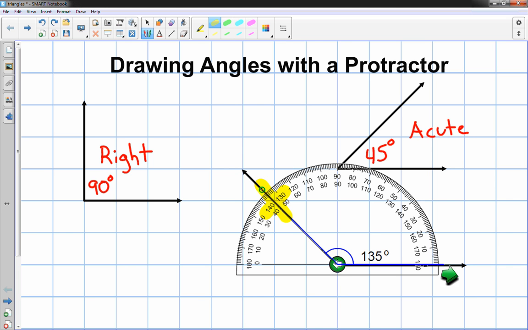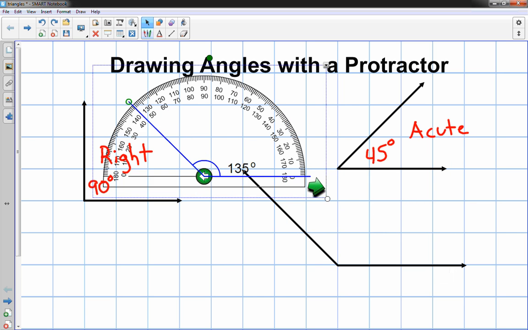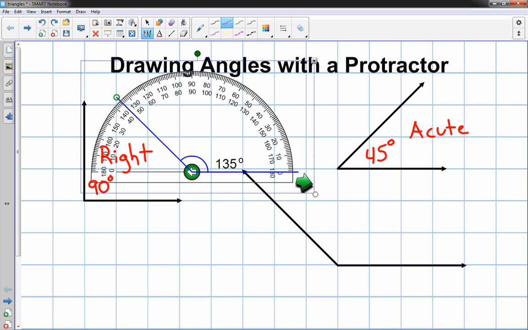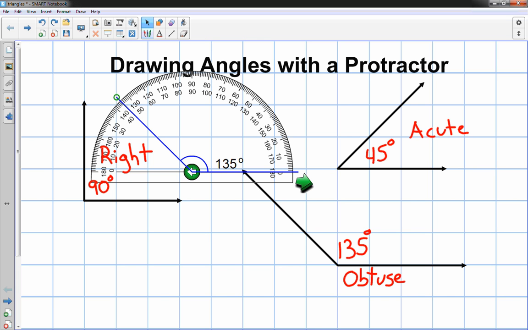It's open wide. It's obtuse. So I would say that's 135. Hey, that's what my protractor says too. I wasn't even looking at that. So I would make a habit of writing this inside the angle, labeling it obtuse so you get an idea of what you're doing. Okay, quick little tutorial there.